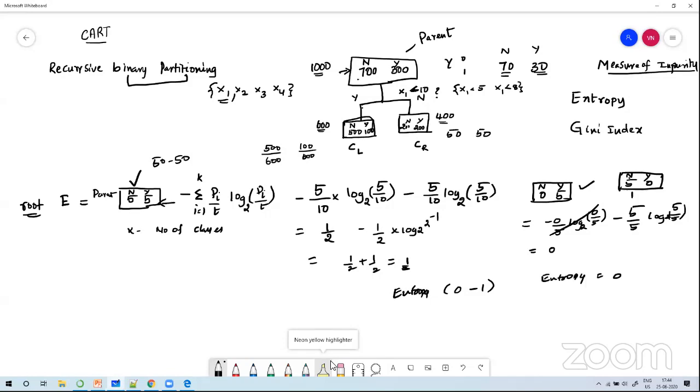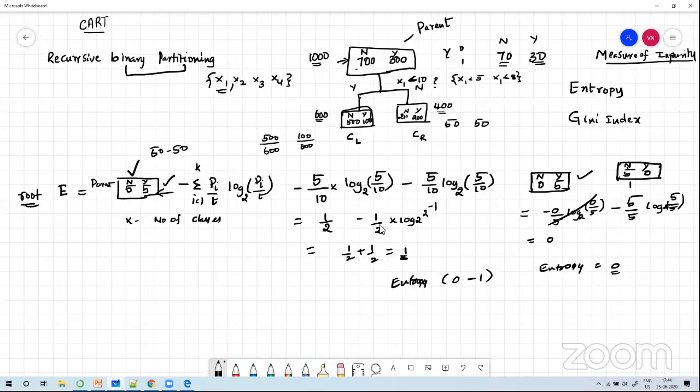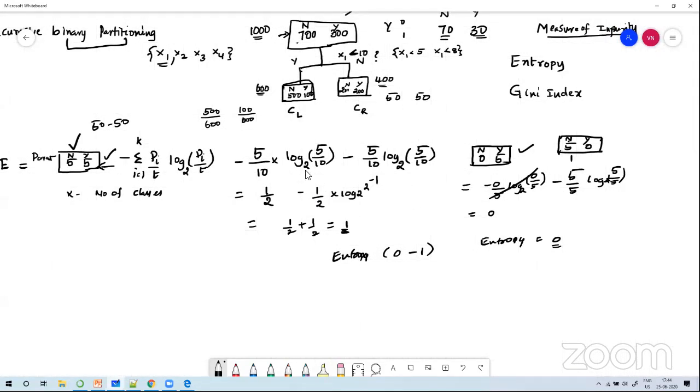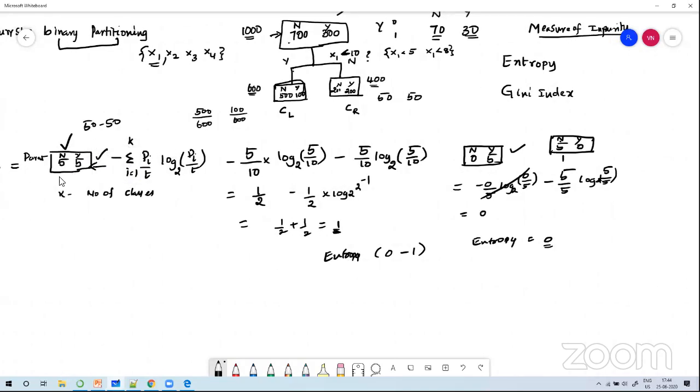If entropy is 0, that means the node is a pure node. If entropy is 1, the node is the impure node. Okay, so that is why entropy is called a measure of impurity. And here we are using the entropy to find out what would be the purity of this node. At the parent node, entropy for this is 1. At the parent, if this is the node, the entropy at the node is 0.